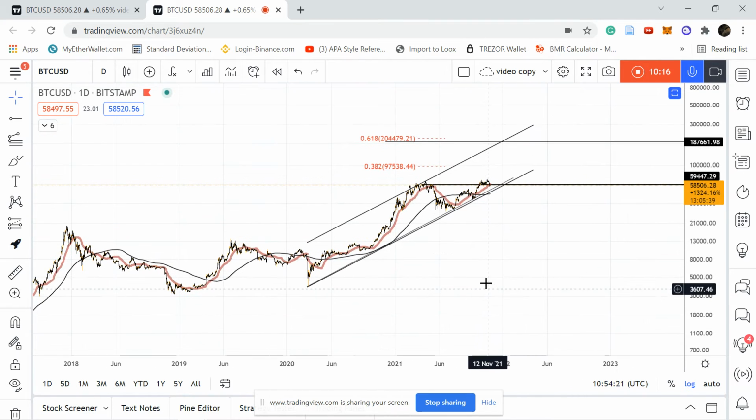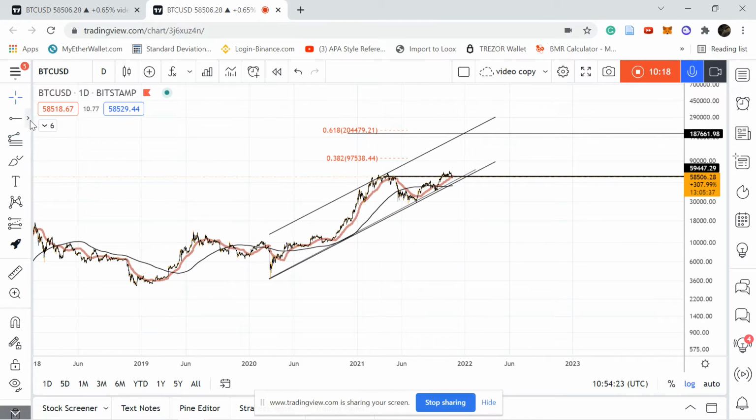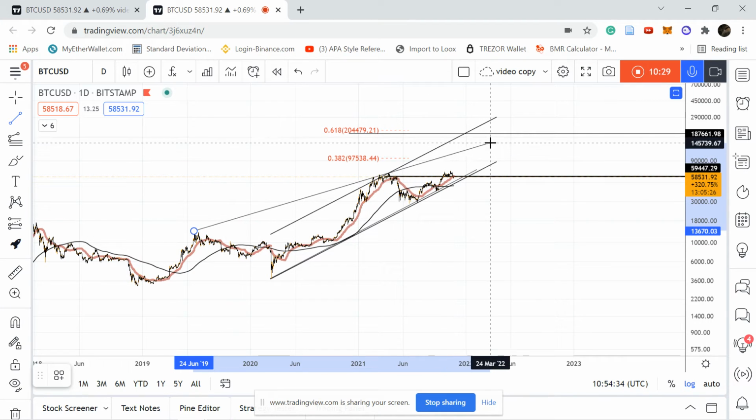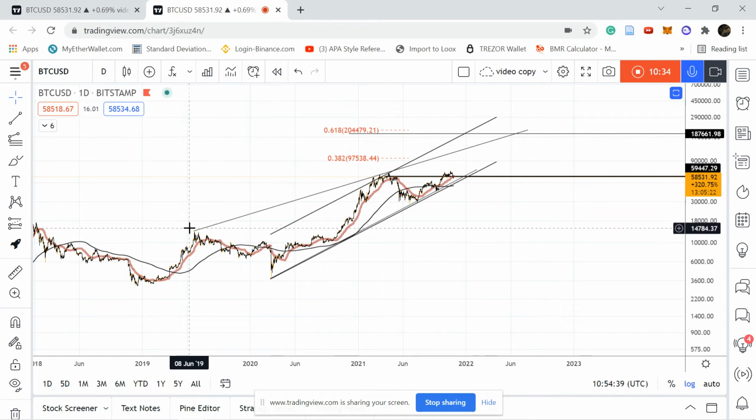Another principle that Ralph Elliott talked about is that to find the top of wave five, we need to connect the top of wave one with the top of wave three.